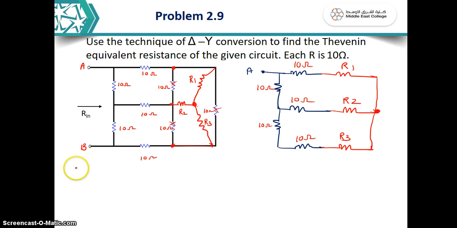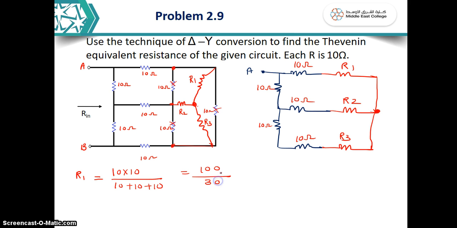Okay. So what's R1? Look at this. It's between these two resistors. So 10 into 10, divided by the total resistance 10 plus 10 plus 10. So it is 100 divided by 30.